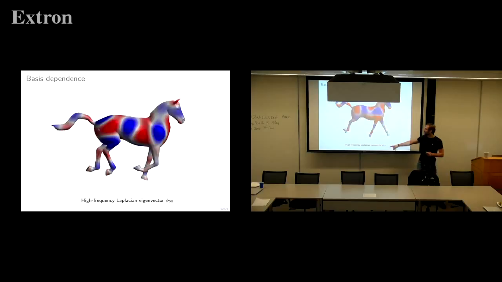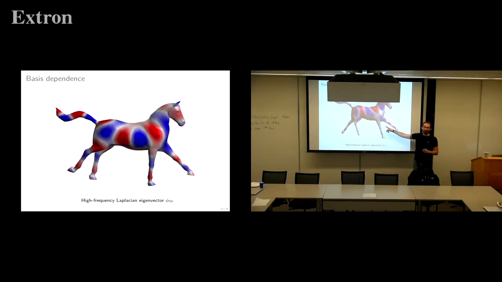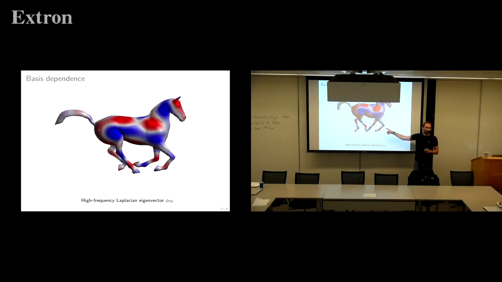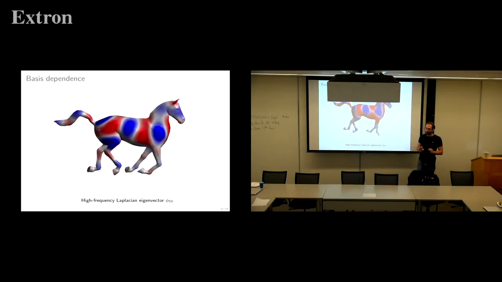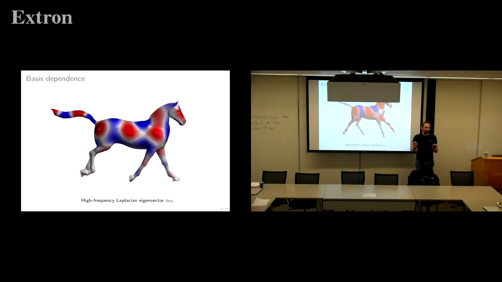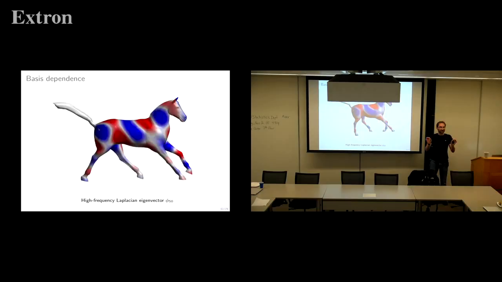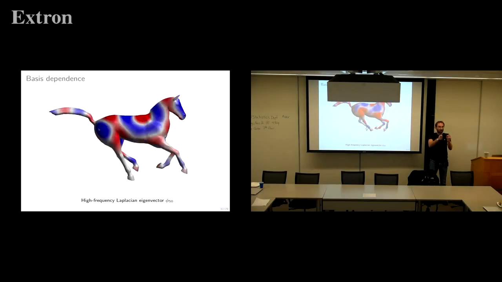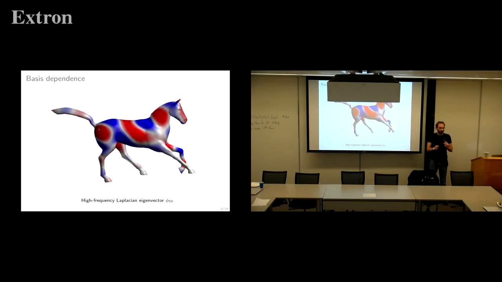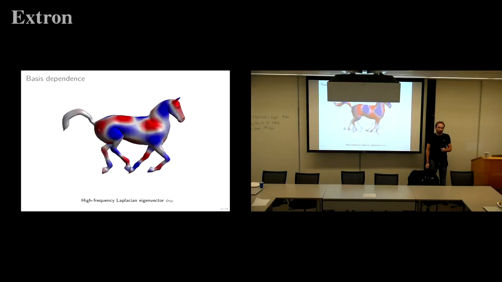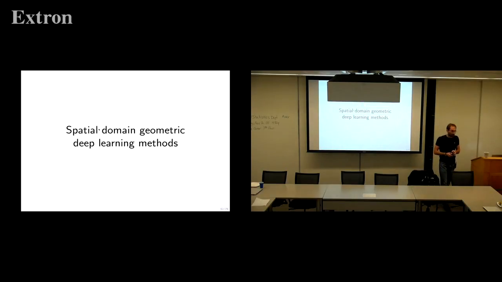So this is the 50th eigenvector of the operator. You see how different it is in different poses, and this is a very mild modification of the graph. Here it is actually almost isometric. It's exactly the same vertices; the weights on the edges just slightly changed. Okay, and imagine what happens when the graph is totally different.